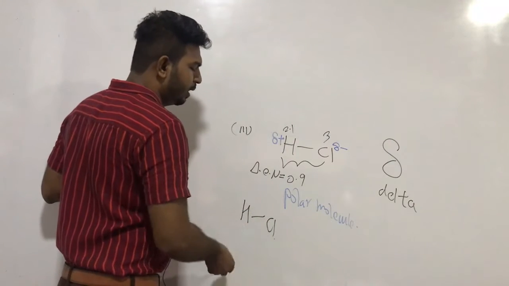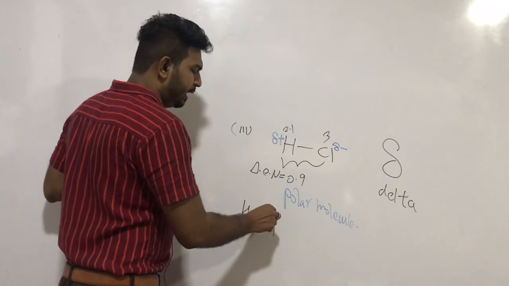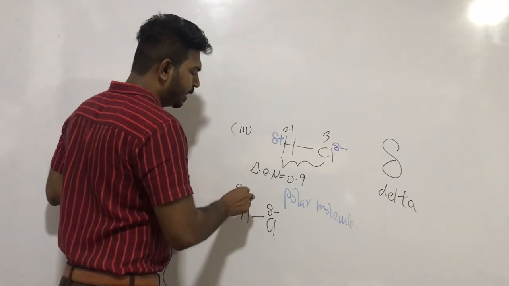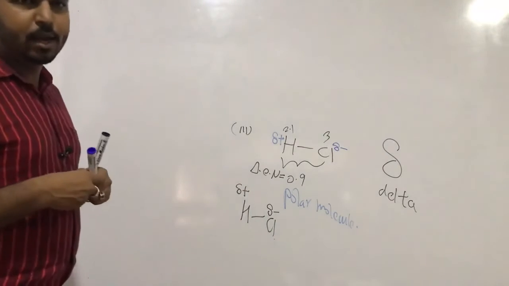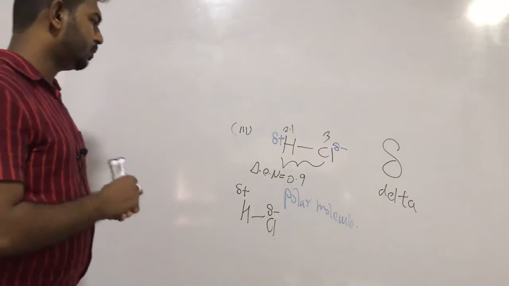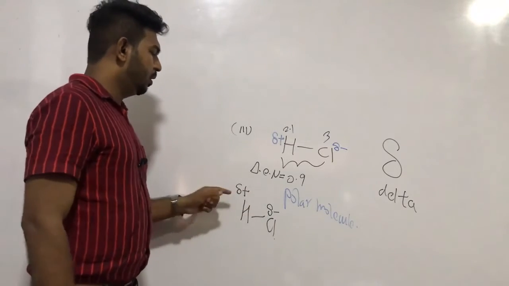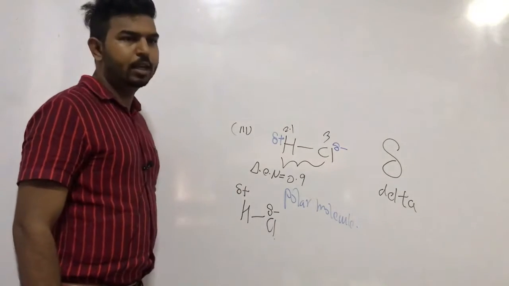Okay, then write the molecule again. Now indicate the delta minus mark and delta plus mark. Write these charges on the molecule.